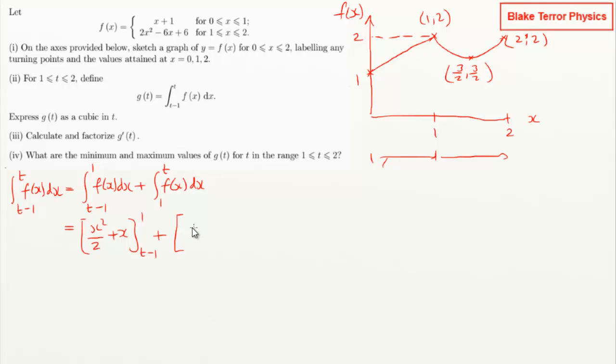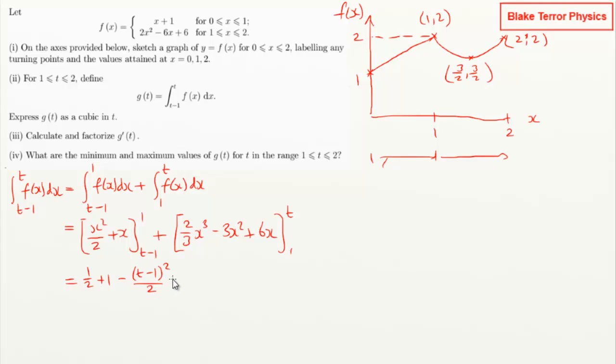And then this one's got a lot more going on. So we've got 2/3 of x cubed minus 3x squared plus 6x, and that is from 1 to t. Right, this is going to be a lot of terms. So that's a half plus 1 minus (t minus 1) squared over 2.